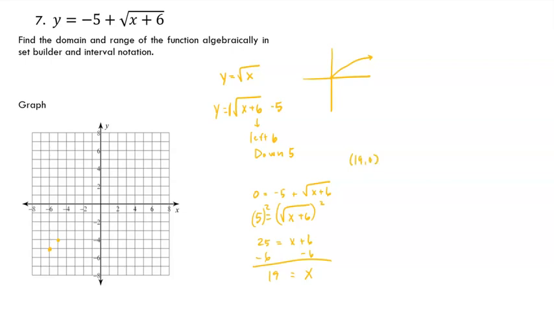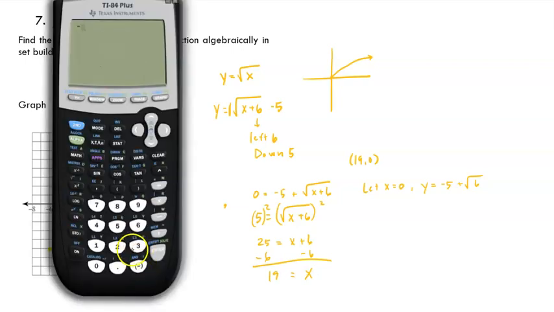It's going to be all the way over here somewhere. Okay, like even further than that. So let's go ahead and let x equal 0. That's going to be y equals -5 plus the square root of 6.